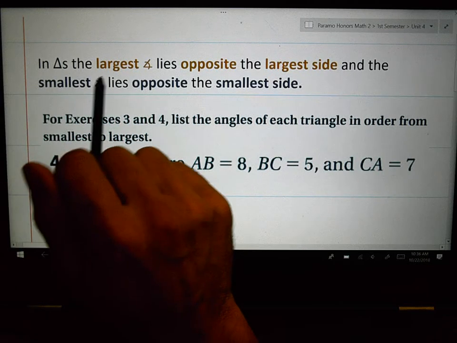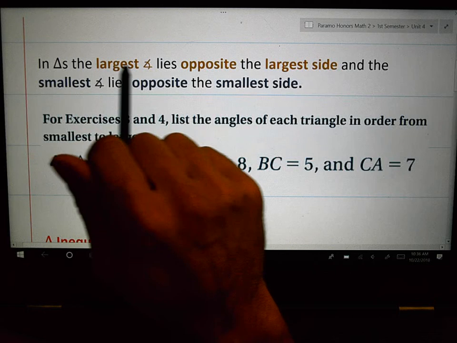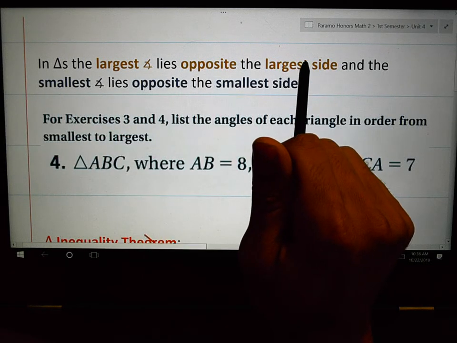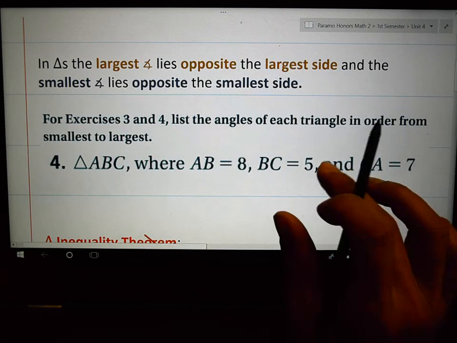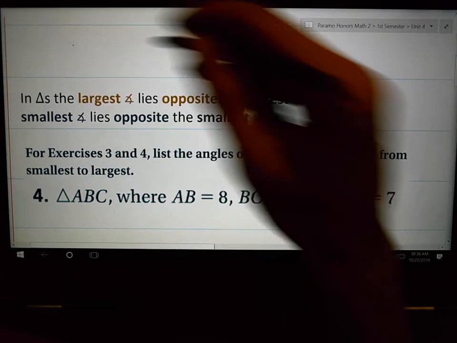The first main idea is this. In triangles, the largest angle lies opposite to the largest side, meaning the largest angle is always across from the largest side. Let me draw a couple pictures for you and see if this makes sense.